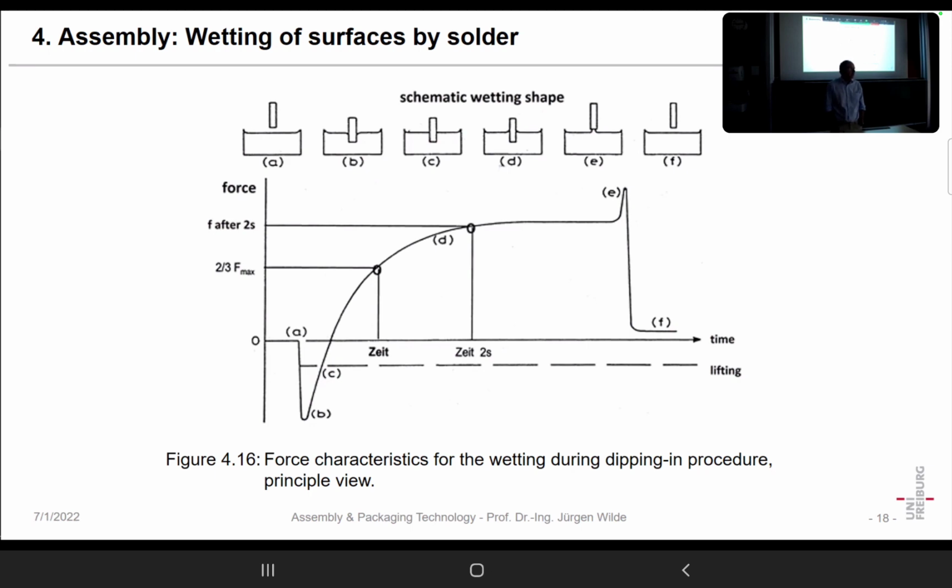Why is it 2/3? Yes. So we already had several times that exponential curve, which goes towards a limiting value, for instance, hardening of a resist or hardening of an epoxy or taking up moisture.